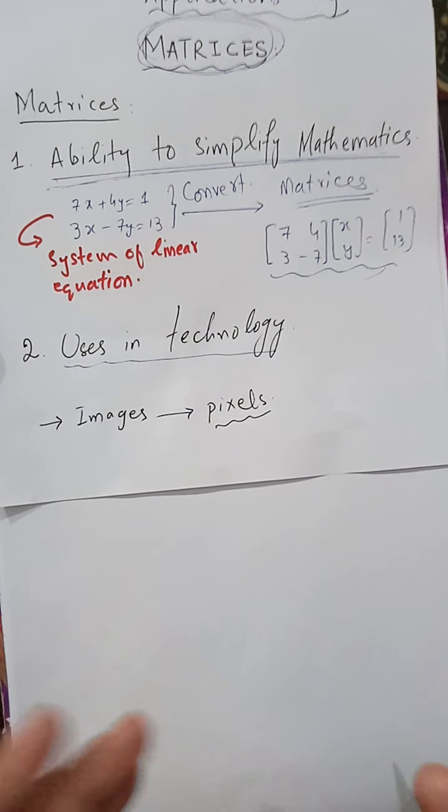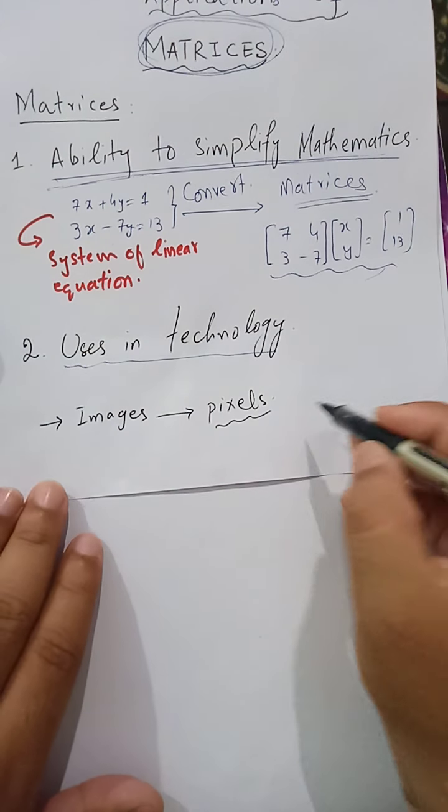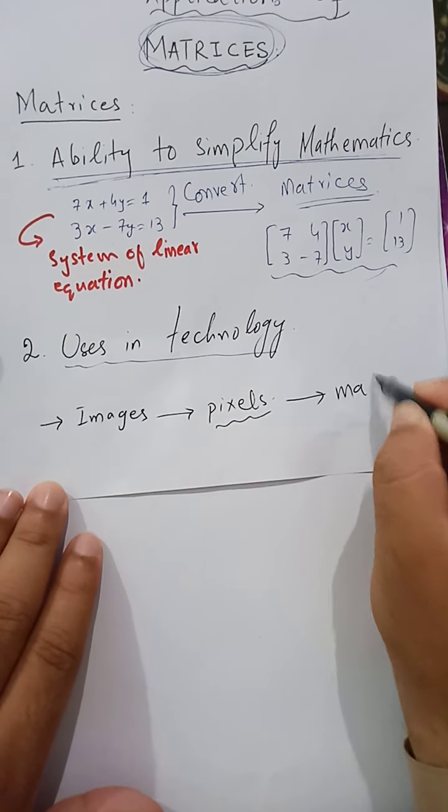Remember, you all know that images are actually made from pixels, and behind the pixels we have matrices. So actually, images are matrices.